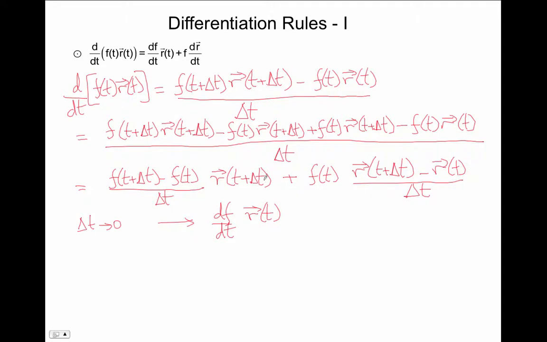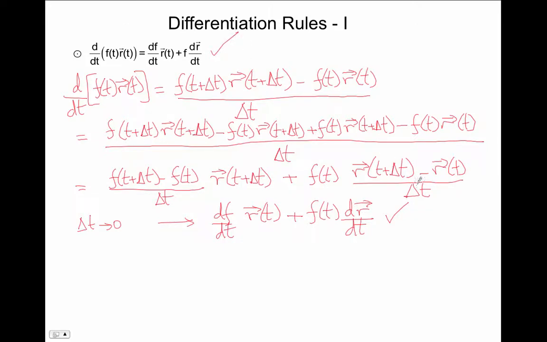So as delta t becomes smaller and smaller, this will get closer and closer to this. And here we'll get f of t, and this over here is the definition of the derivative of r. So we get dr by dt here. And that's exactly the result that we wanted. So this has been proved.